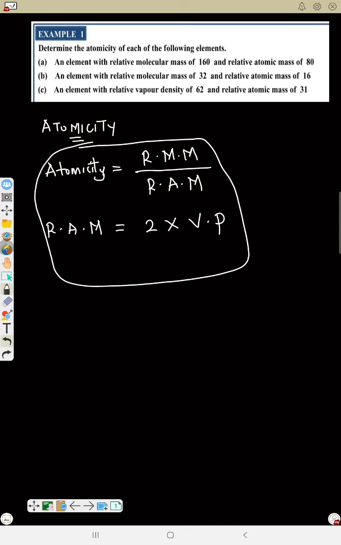That means I can also say atomicity is equal to 2 times vapor density, divided by relative atomic mass. So now all these are the formulas for atomicity. Now look at the example I have above.